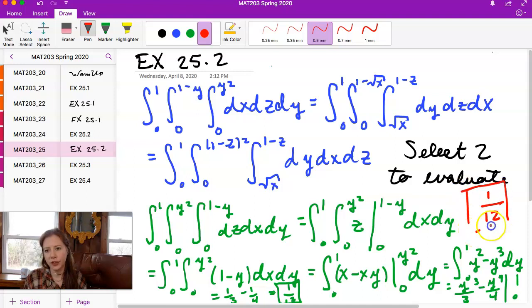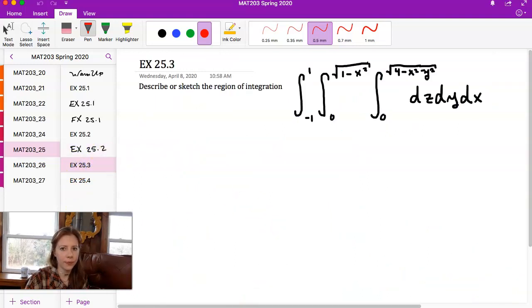You should get 1/12. Okay, so let's move on and do another. So now with any of these, feel free to pause, try them out on your own first, and then come back to see the solution.